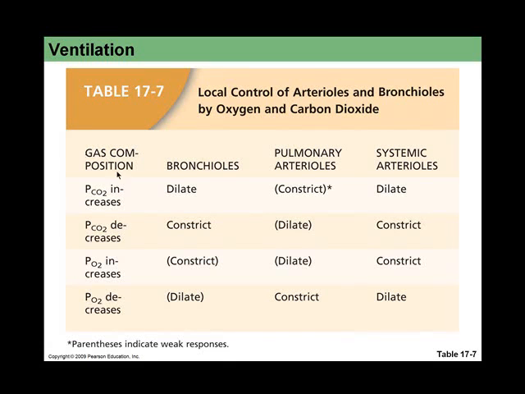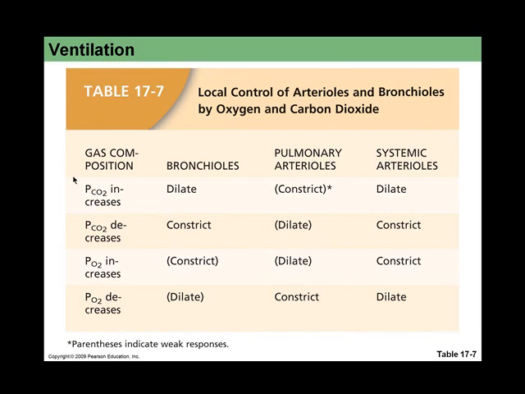So the gas composition is on the left. Then we talk about bronchioles, pulmonary arterioles, and then systemic arterioles. So remember, pulmonary circulation is separate from systemic, and you can have regional distinctions between them to meet the needs that are there. We note there's an asterisk here. The parentheses indicate weak responses.